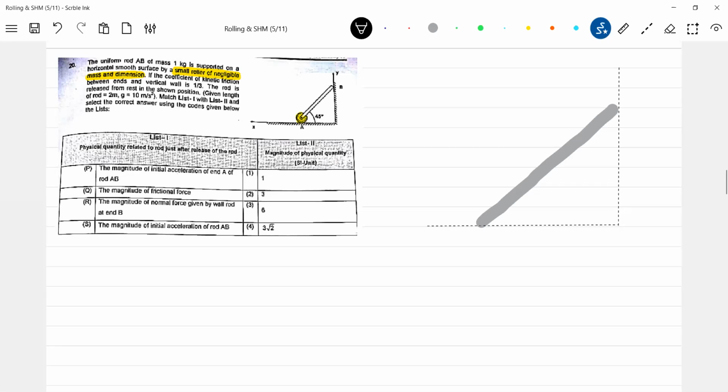What are the various forces that are going to act? The normal contact, call this N1. First we'll list out all the forces. This will be the weight mg, then the friction.